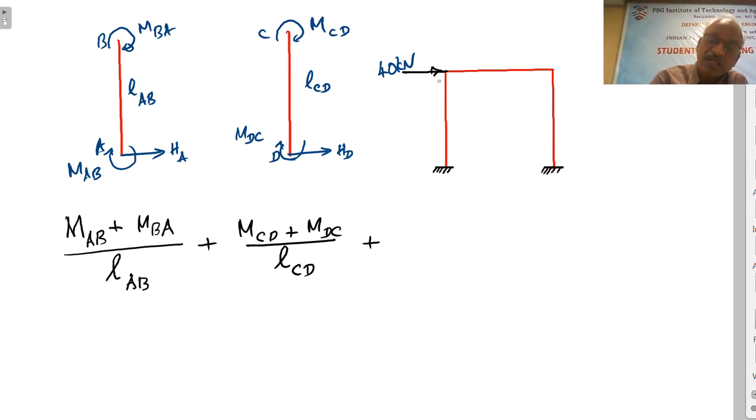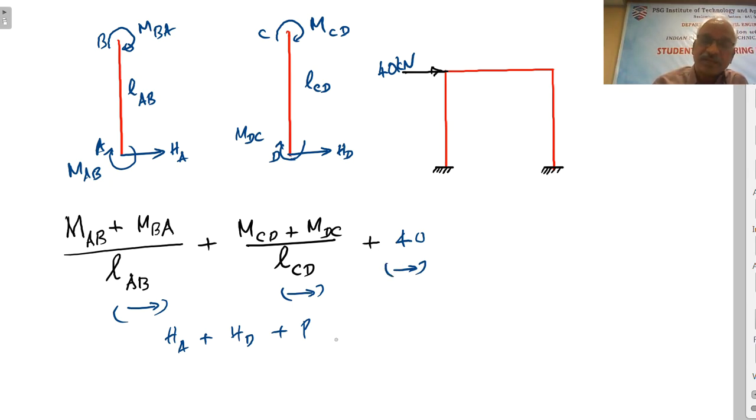So in the sigma H, namely HA plus HD plus the lateral force, that we have to add. That is 40 kilonewton towards the right, because HA is towards right as per our assumption, and HD is also towards right. This frame will be a sway frame. Now we prevent the sway by applying an opposite force.